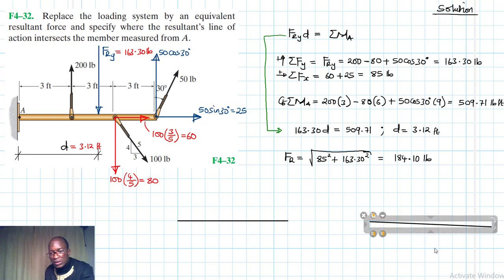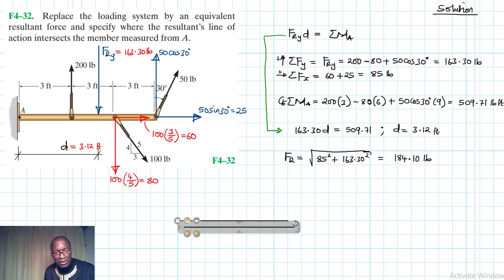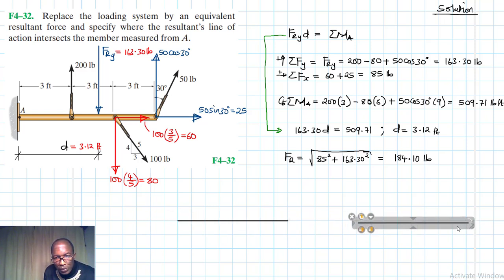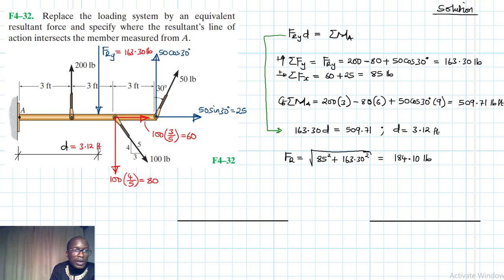Let me just copy this one and place it somewhere there like this. Okay, there we go. So these are supposed to be equal, and this point is A, and so is this point.